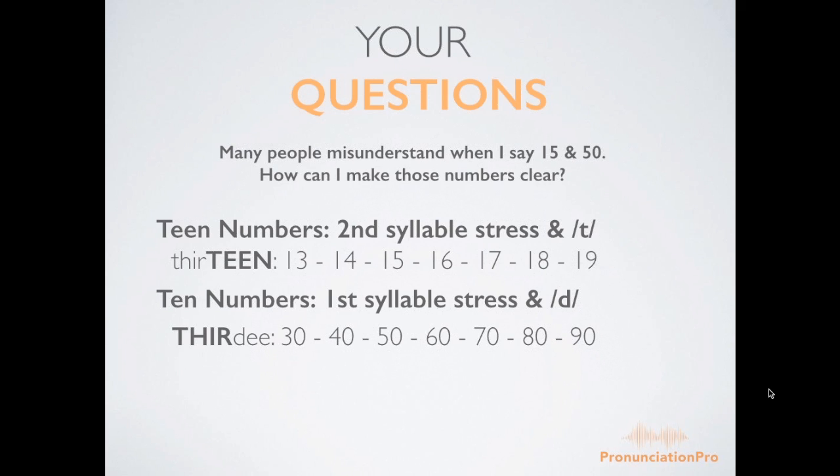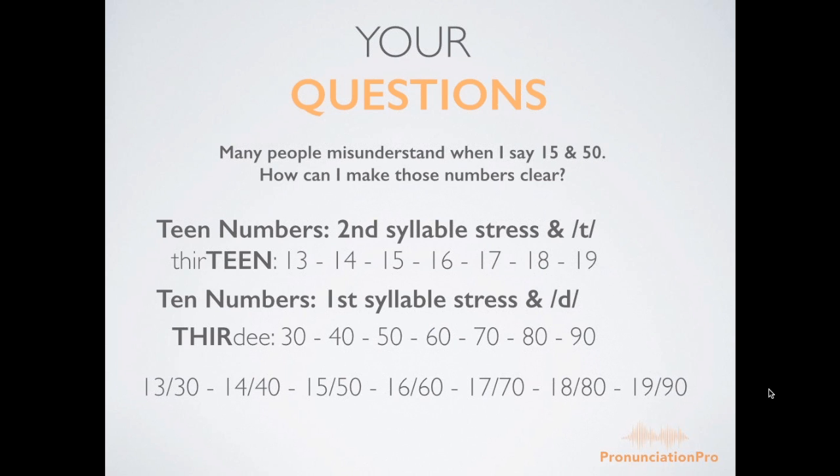On the opposite end, you can listen for those patterns when you're listening to someone, because you might be thinking, I don't know if they said 15 or 50. So listen for that. Not all native English speakers are as clear and precise in their pronunciation, so they might not be as obvious as I am, but you get an idea.